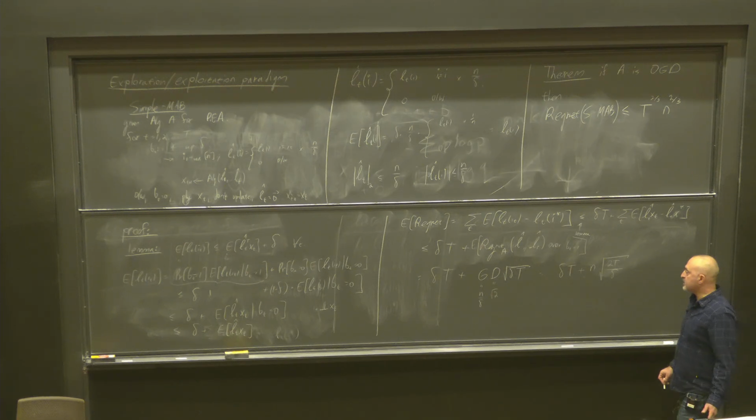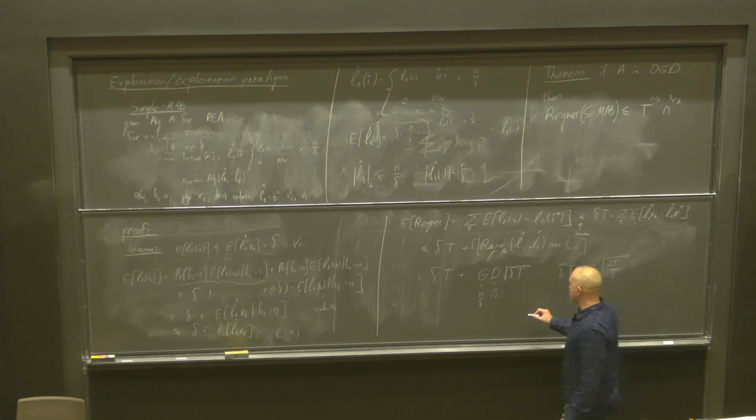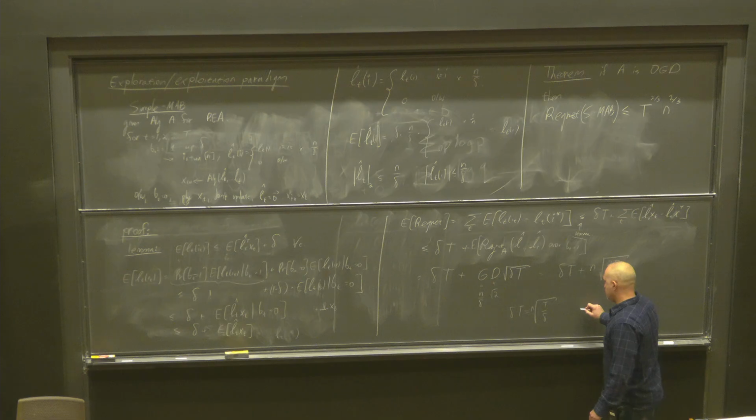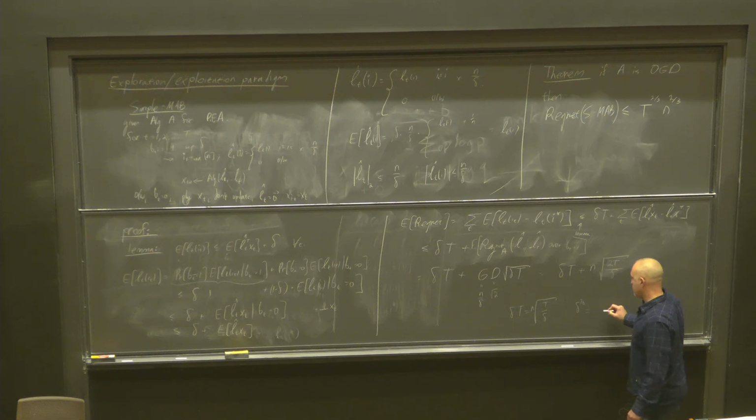Now we can compute the delta. So let's equate these two terms. So delta t equals n square root t over delta. So this means delta to the 3 over 2 equals n times 1 over root t.